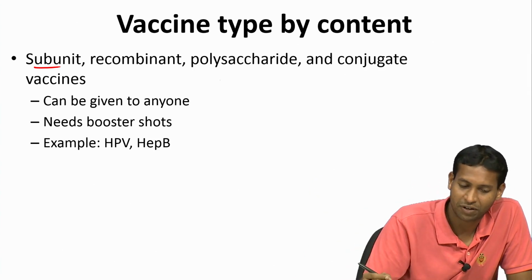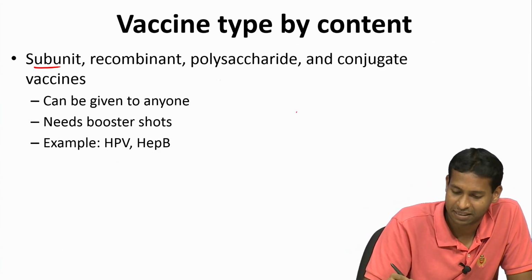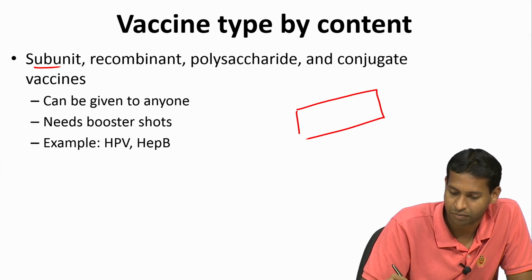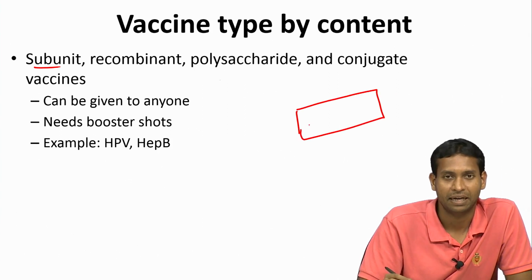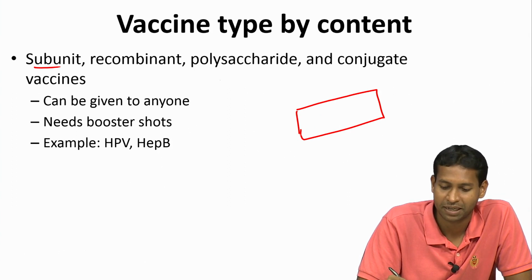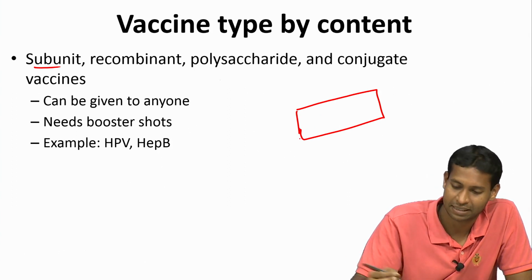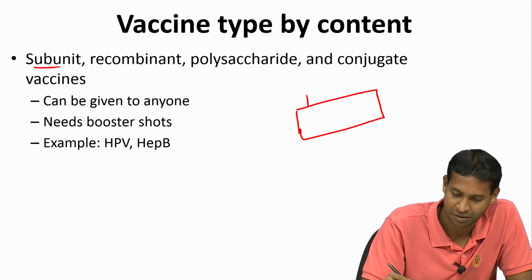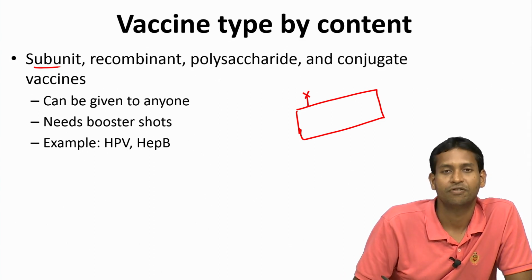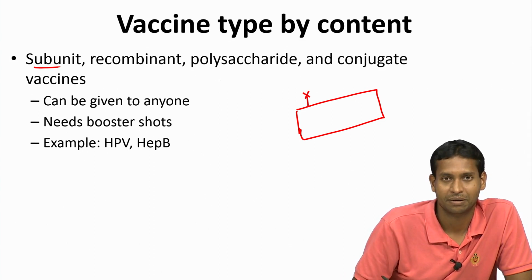And basically what we are talking about with subunit vaccines is, let us say this is a bacteria. We know that bacteria has lots of proteins, and some proteins may be conserved in a pathogenic bacteria. Let us say there is a protein X that is fairly conserved on this pathogen.